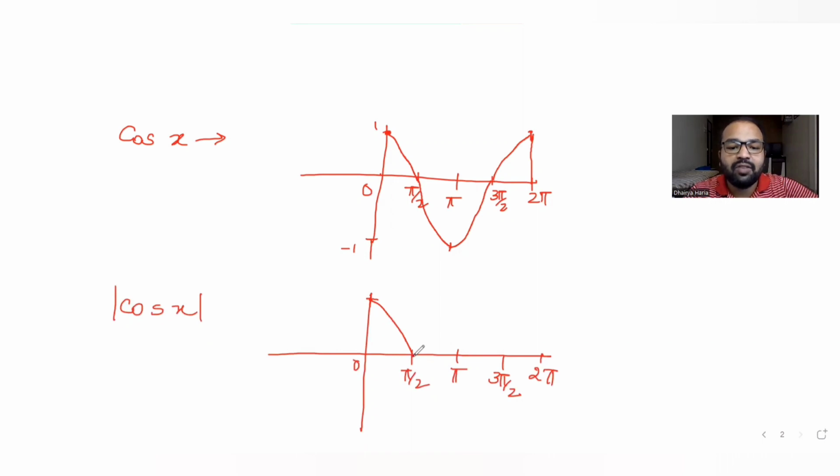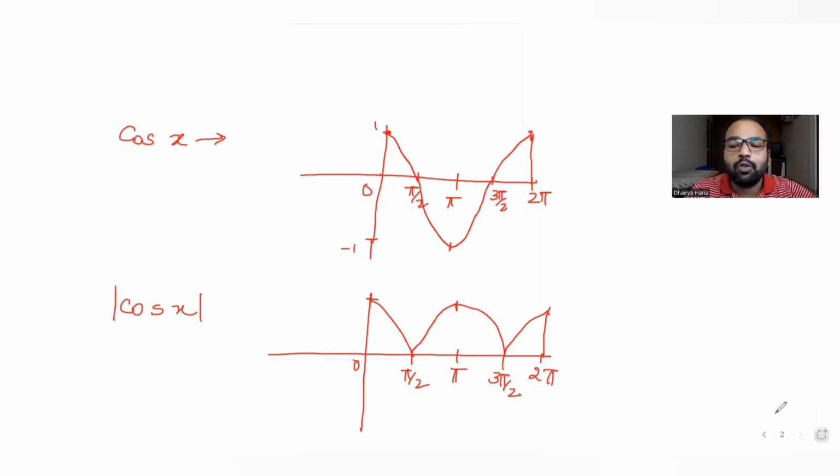But after that it won't become negative because it is mod of something. So it will become positive again, going from 0 to 1 till pi. Again it will become 0 at 3 pi by 2, and again increase to 1 at 2 pi. So basically, this is your entire curve of mod of cos x.